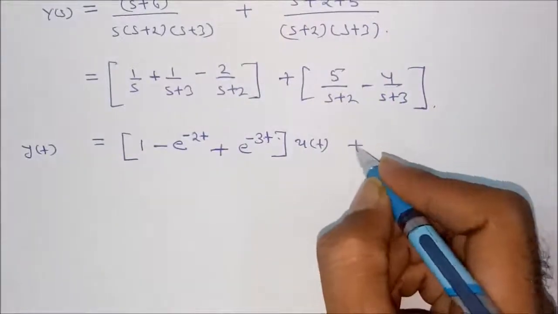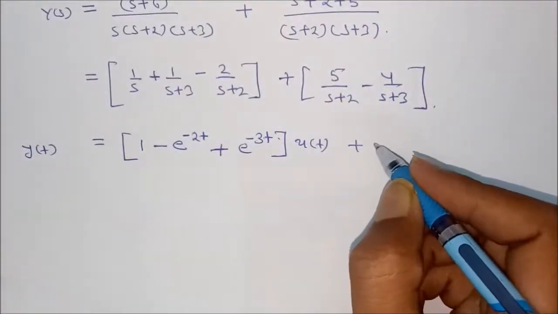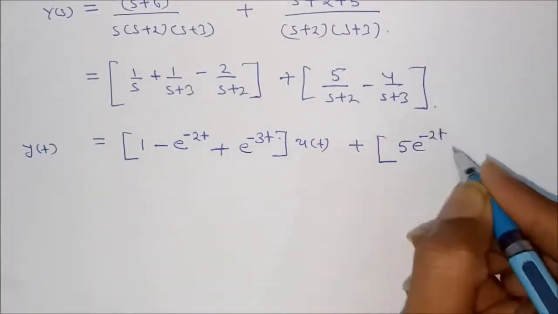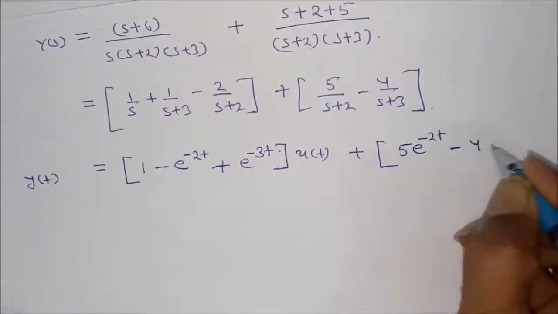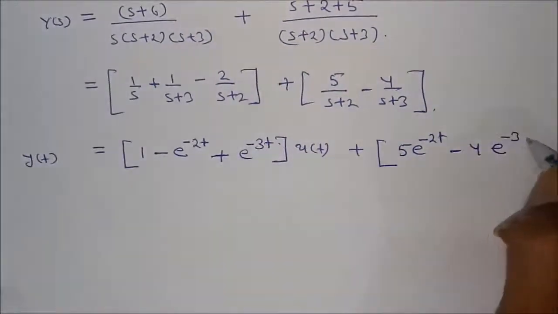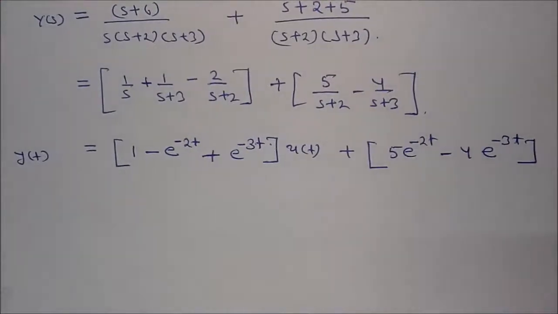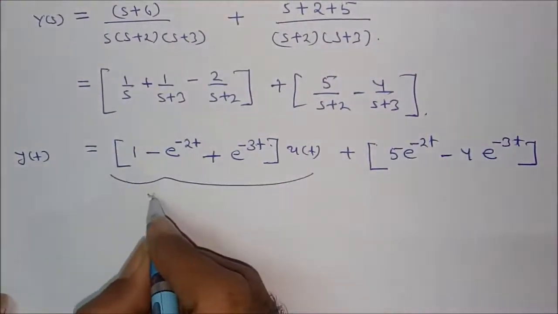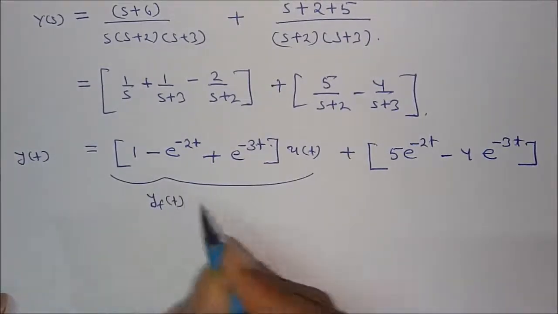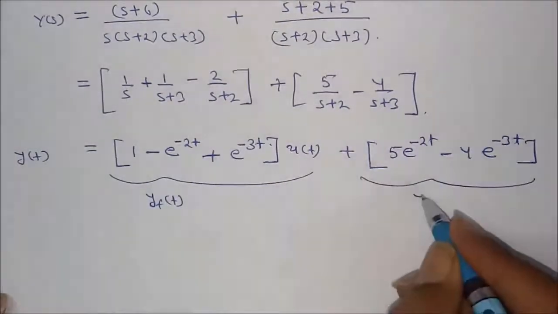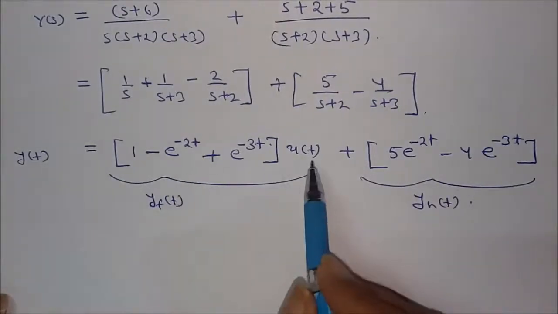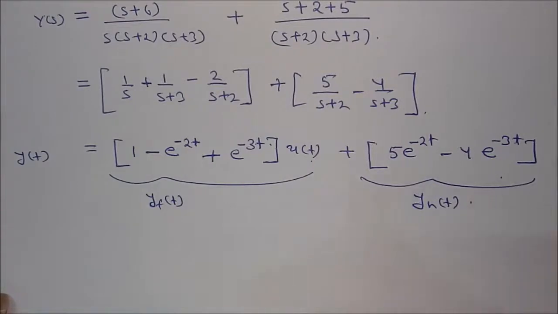Similarly, here I will get 5 e to the power minus 2t minus 4 e to the power minus 3t. Is it okay? So what is this one? This will give you forced response. This will give you what? Natural response. This is the forced one, this is the natural response.